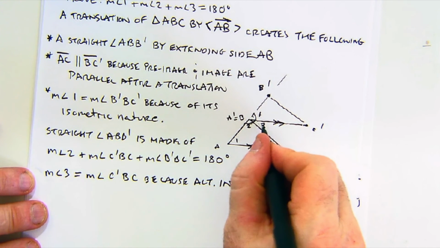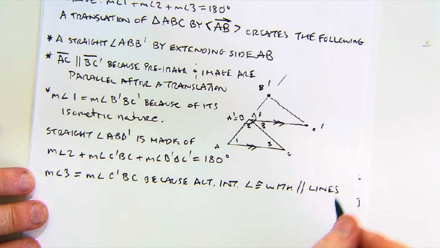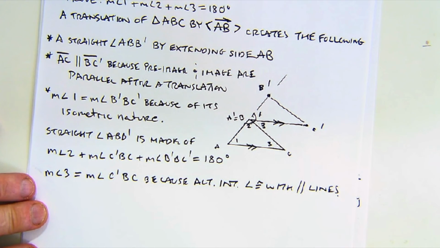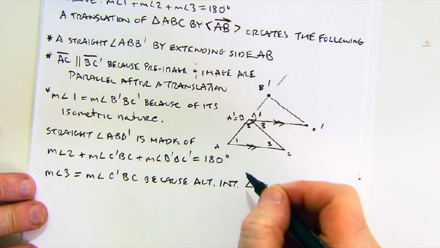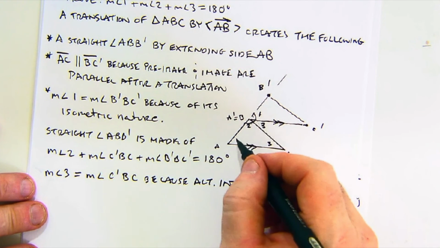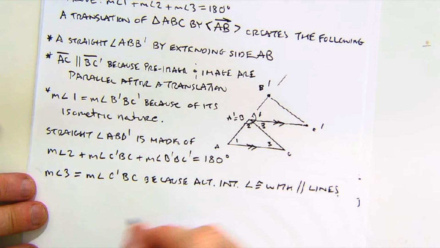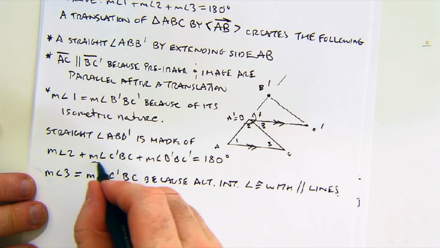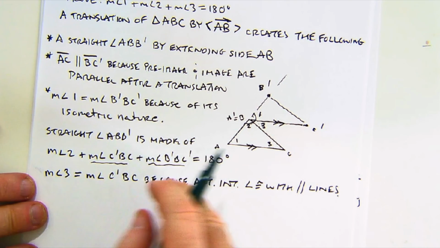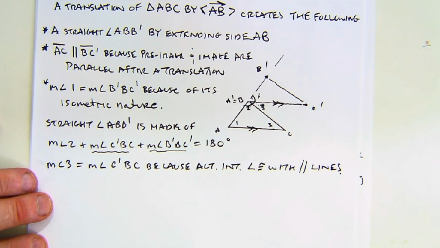So I've now got this basically alternate interior. The very last stage is I've done all the hard work. I've established that it's 180 degrees. I've established that angle 1 has to be the same as that angle. 3 has to be the same as that angle. So I'm going to make 2 substitutions. I'm going to pop out these angles, and I'm going to drop in our angles.